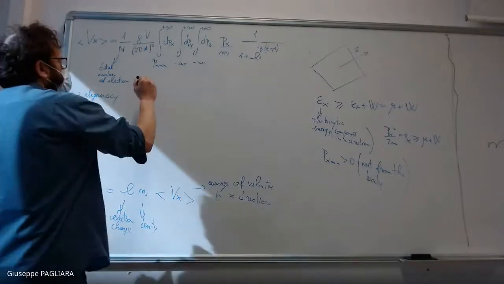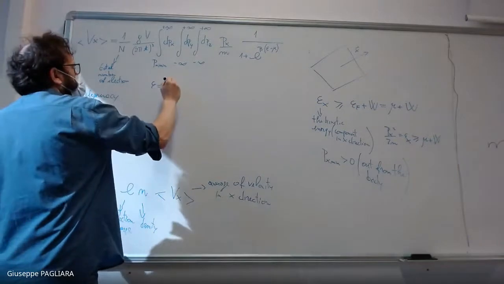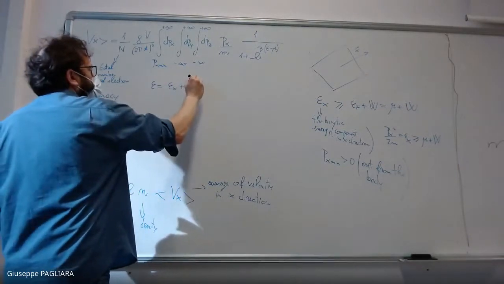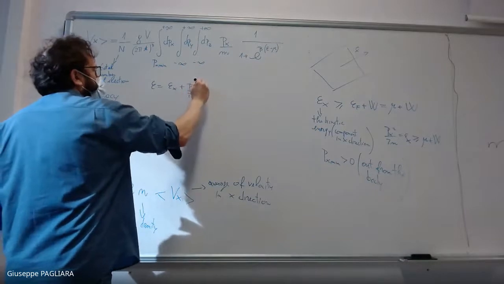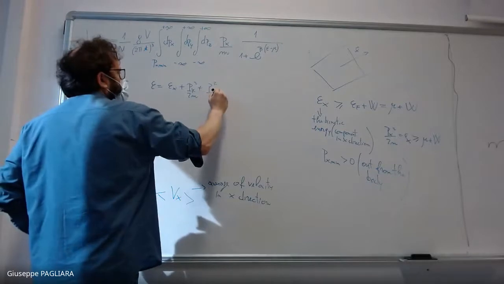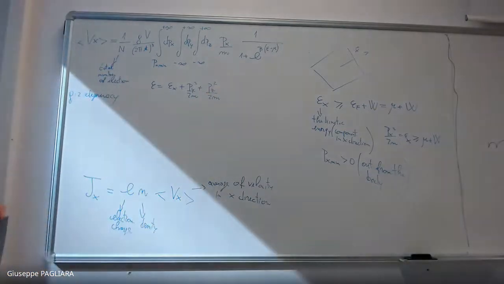So epsilon is epsilon x plus py squared divided by 2m plus pz squared divided by 2m. Okay, so this is the formula that we have to compute the average energy.